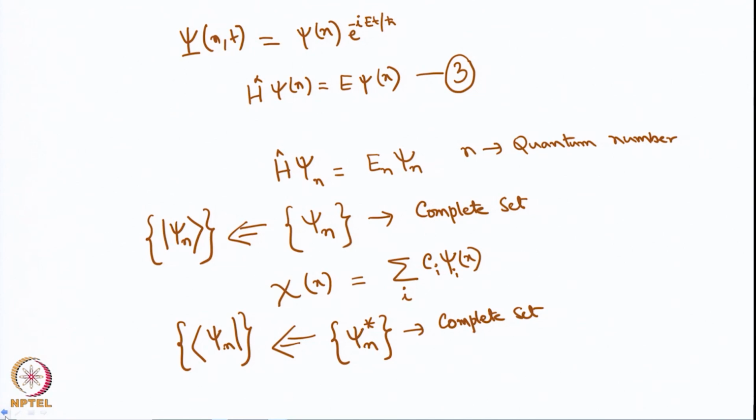For example, if you take a hydrogen atom problem, the psi n's will be all the orbitals 1s, 2s, 2p, 3s, 3p, 3d, etc. If you take the harmonic oscillator, the functions will correspond to v equal to 0, v equal to 1, the vibrational quantum number equal to 0, and the function corresponding to that, second and third, etc. If you have a particle in a box, then there is the n equal to 1, n equal to 2, n equal to 3 functions, etc. In this course, of course, we will assume that all these solutions are already known.